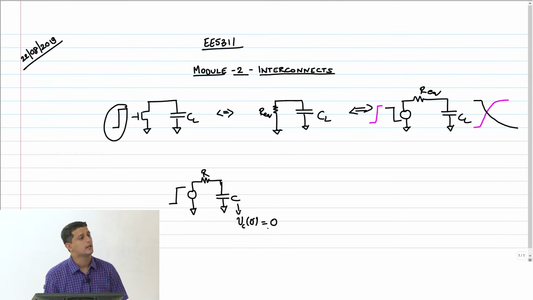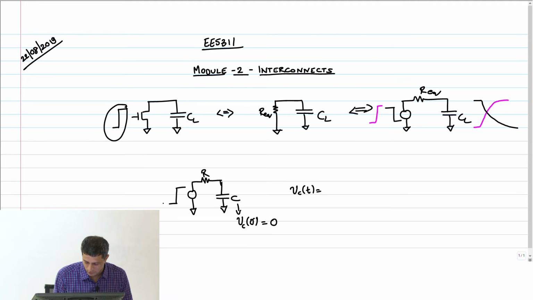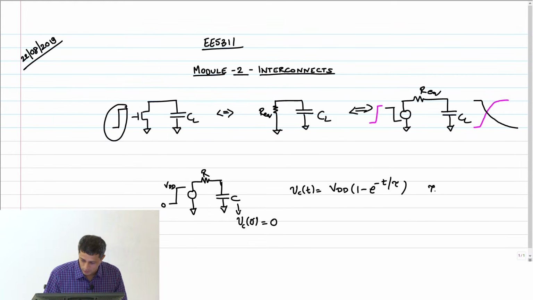Then what is the equation for the capacitor voltage with time? Let's say this goes from 0 to VDD. What is it? VDD into 1 minus e power minus t by tau, where tau is equal to R equivalent into C.